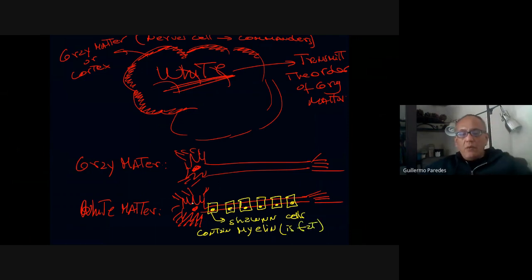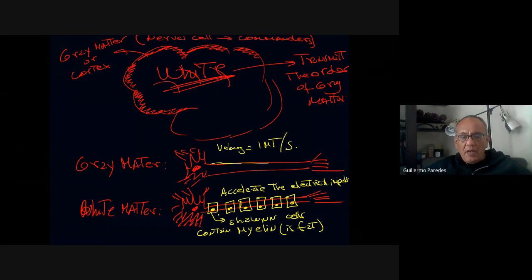Okay, and what are these Schwann cells doing on the white matter? They are going to accelerate the electrical impulse. The velocity of the electrical impulse here is going to be about 1 meter per second.